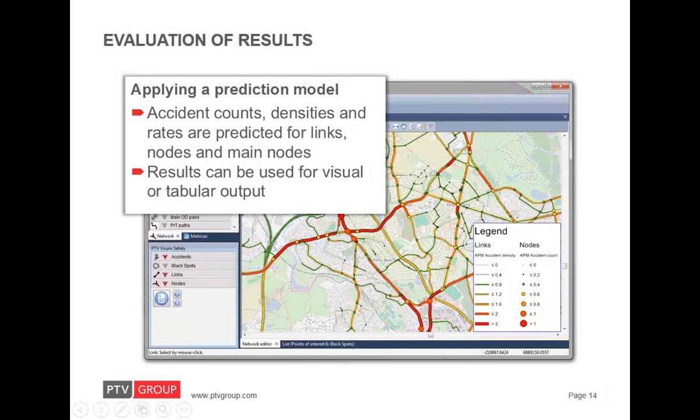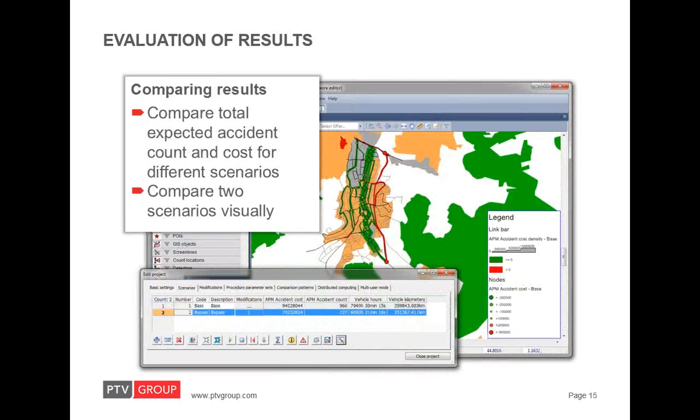So this was the evaluation of what amount of accidents are predicted and what the costs are going to be. Now, typically, you want to do a comparison of two networks, where you can show how the accident costs are different between two scenarios which you are looking at.